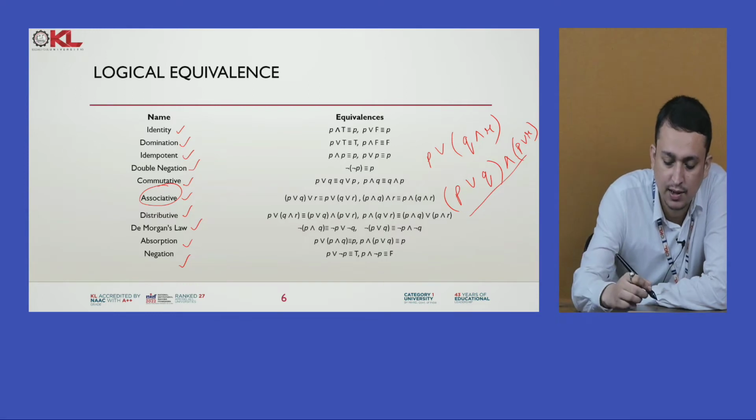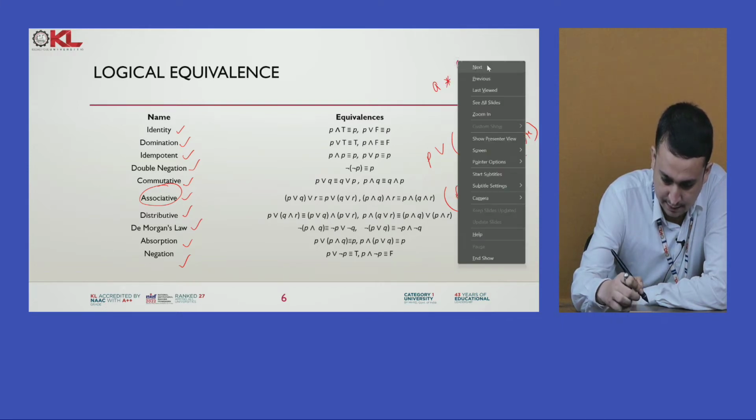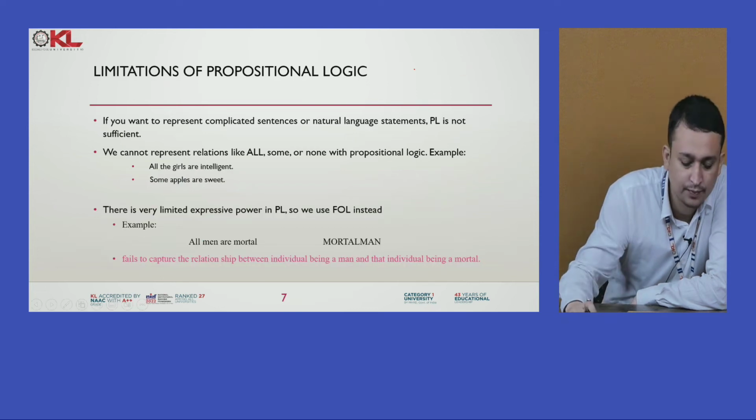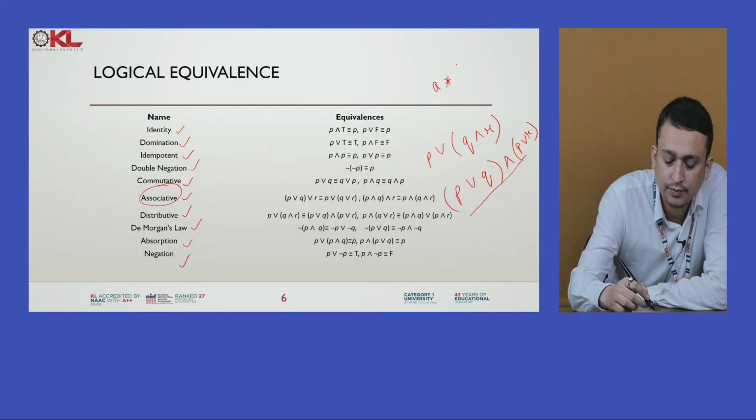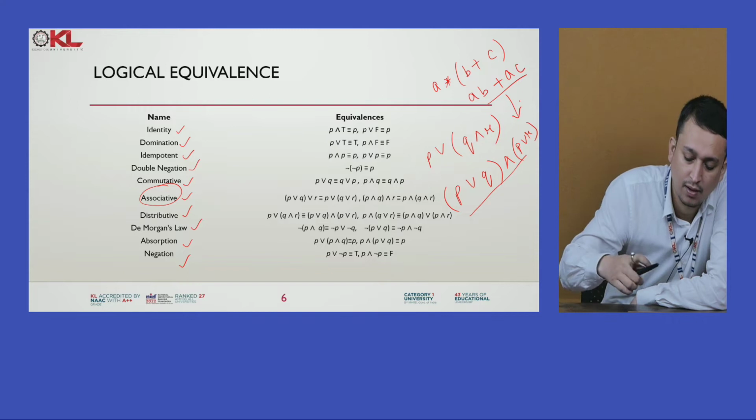It is quite similar to our normal mathematical term, like A multiply, if we compare this thing, sorry, then we can write AB plus AC. Okay, it is quite similar to that one.